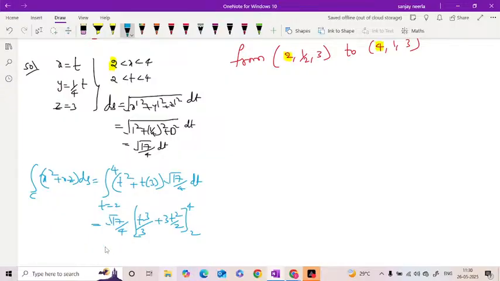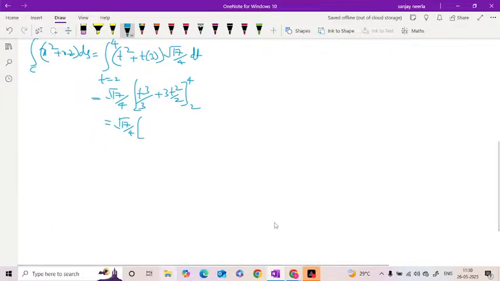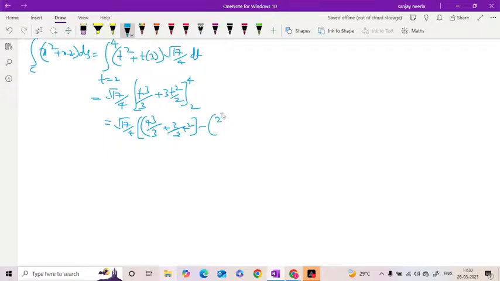Under root of 17 by 4, upper limit is 4: 4 cube by 3 plus 3 by 2 into 4 square, minus, for the lower limit 2: 2 cube by 3 plus 3 by 2 into 2 square.